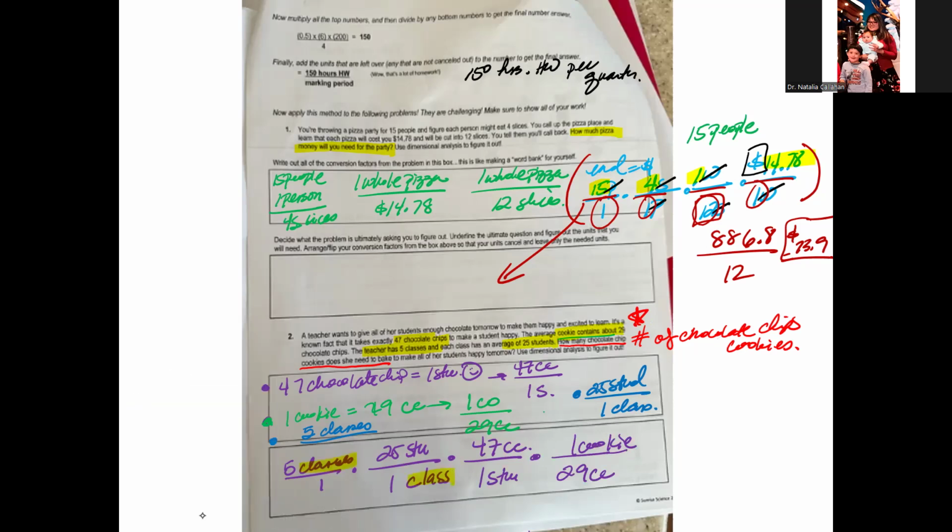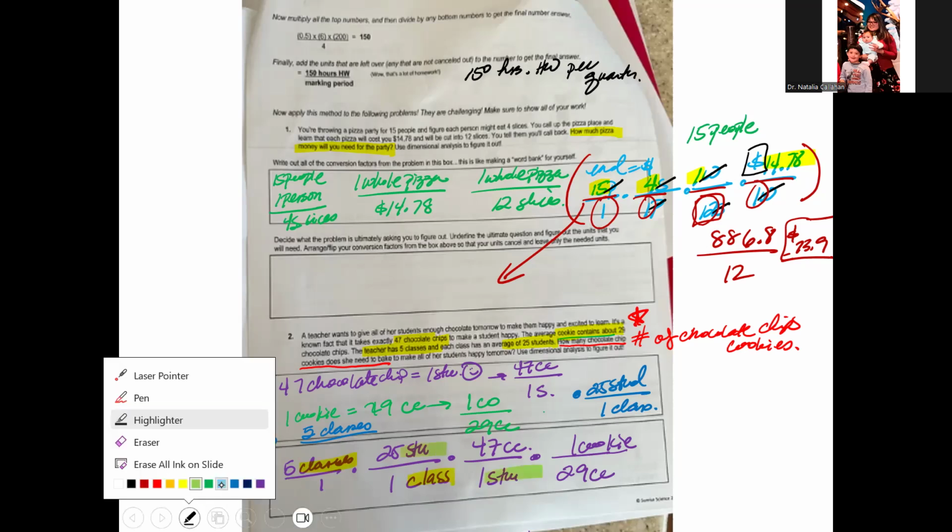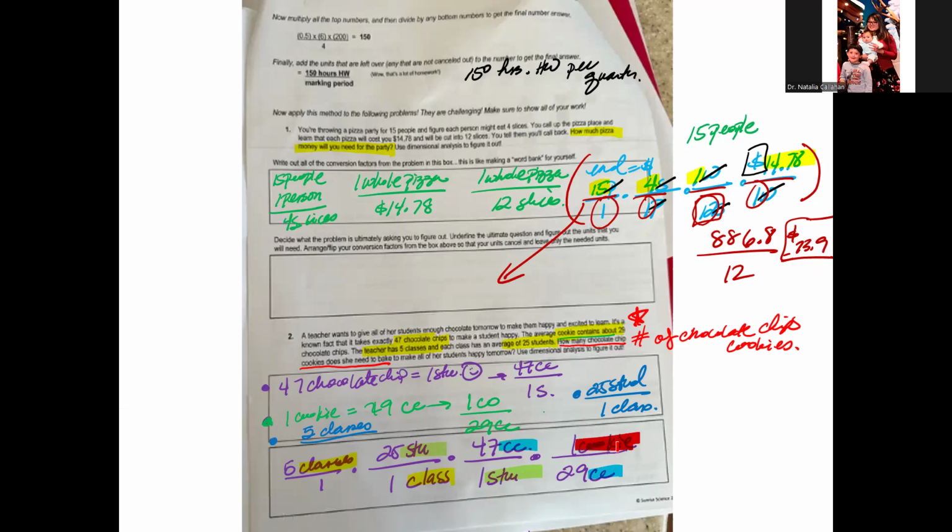Classes cancel classes. Student cancels student. Chocolate chip cancels chocolate chip. What are we left with? Cookies, which is what I want. So 5 times 25 times 47 is the top, divided by what? 29. Okay, now divide it, please. Let me know what you have.